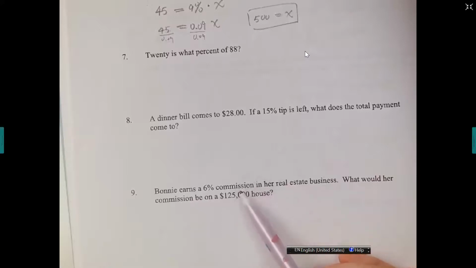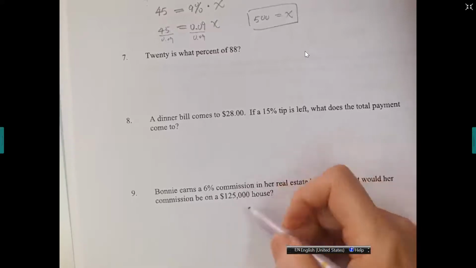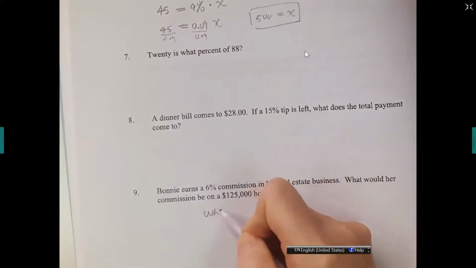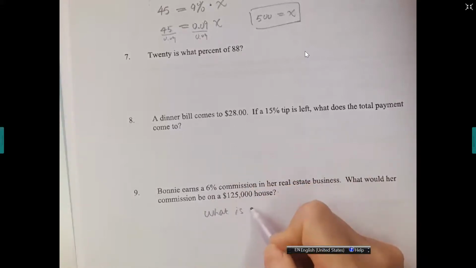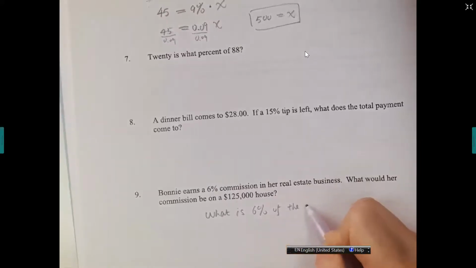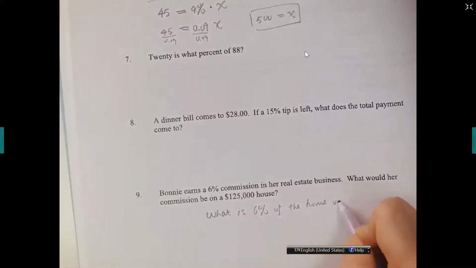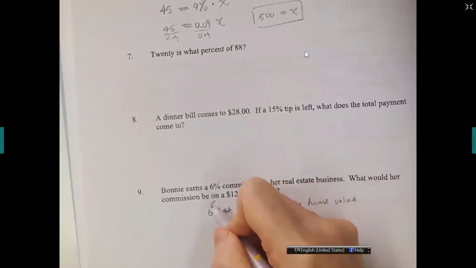So what is the commission? The commission is 6% of the house value.